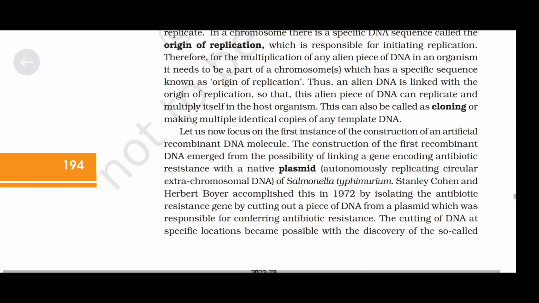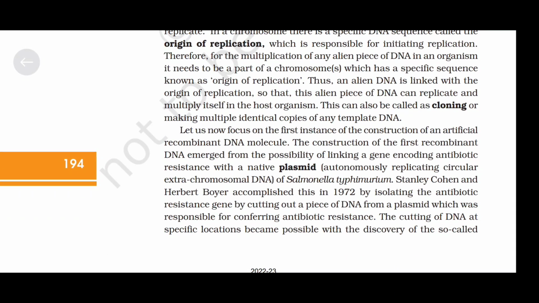Let us now focus on the first instance of the construction of an artificial recombinant DNA molecule. The construction of the first recombinant DNA emerged from the possibility of linking a gene encoding antibiotic resistance with a native plasmid, an autonomously replicating circular extrachromosomal DNA of Salmonella typhimurium.